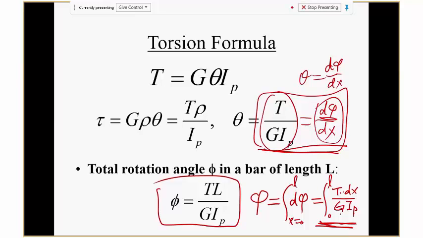Most of the time we talk about the uniform shaft, or not a uniform shaft, but with several segments that are each uniform. So this is the key equation, because this applies to all the situations.